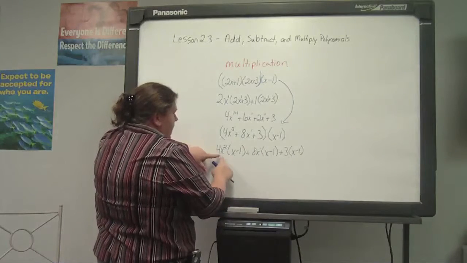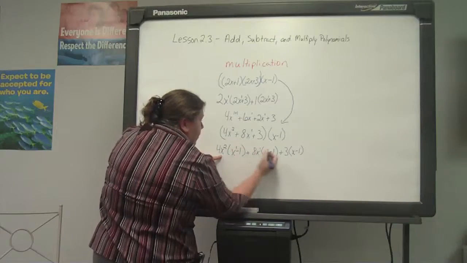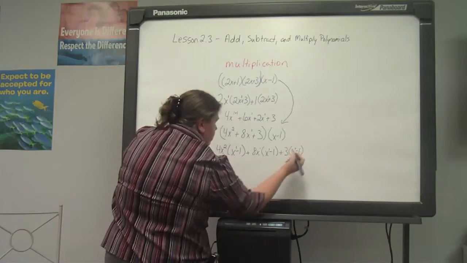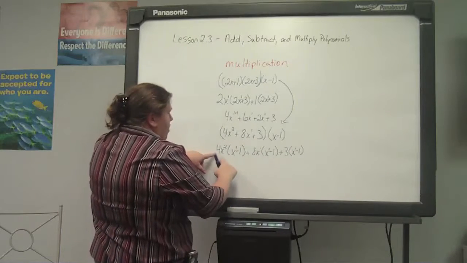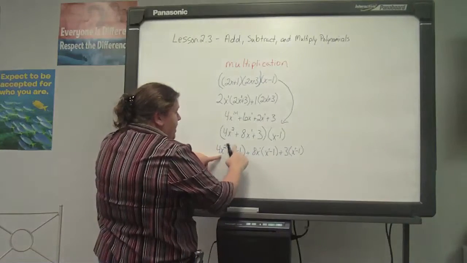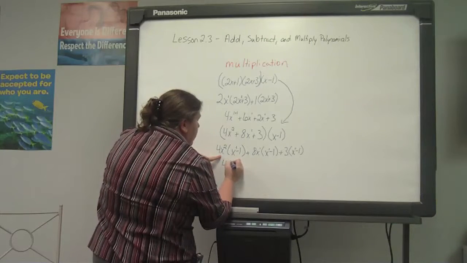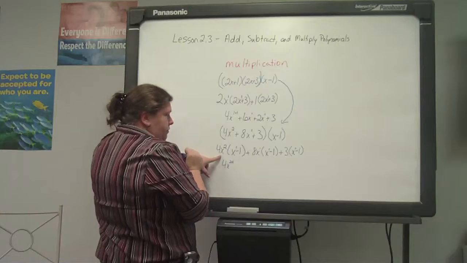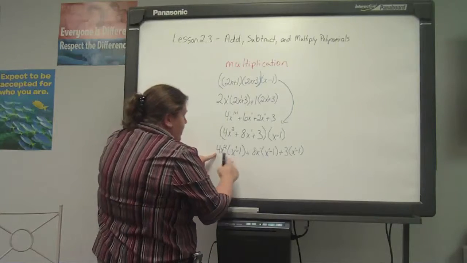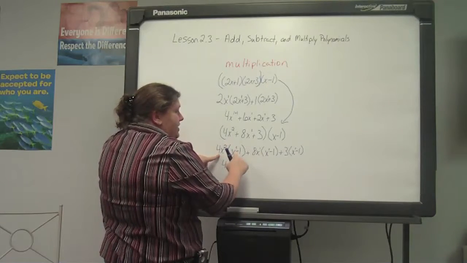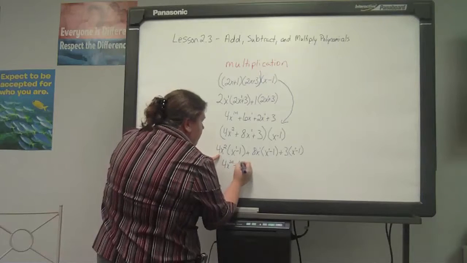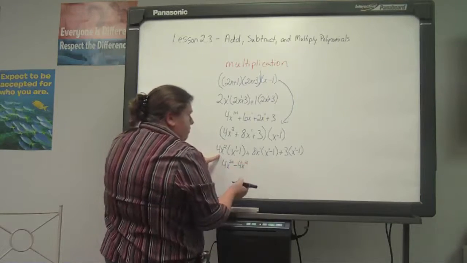We have 4x squared, and remember it's to the first power, any plain x. So we have 4x squared times 1x to the first, so we can say 4x to the 2 plus 1 power. Then 4x squared times a negative 1 gives us a negative 4x squared.